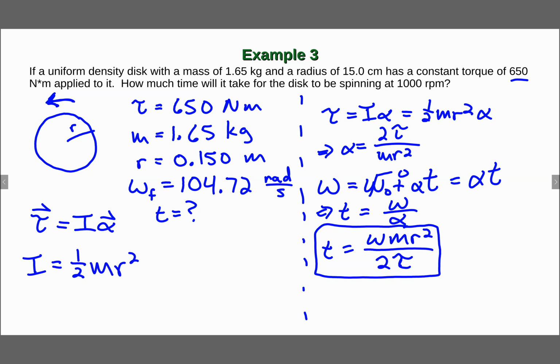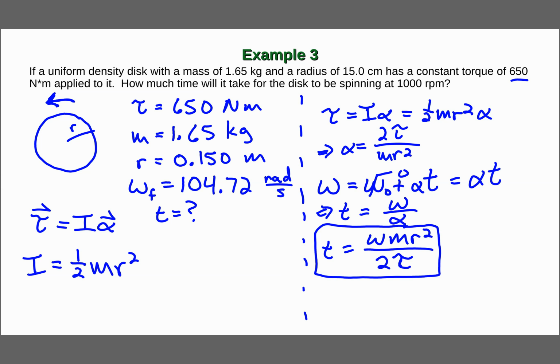So if I have the same torque, if I'm not changing the torque, if I want to make it spin to a higher RPM, it takes longer. That makes sense, right? You can see T goes up as M goes up. So if the wheel has more mass and I apply the same torque, it'll take me longer to spin it up to some given RPM. That makes sense as well.